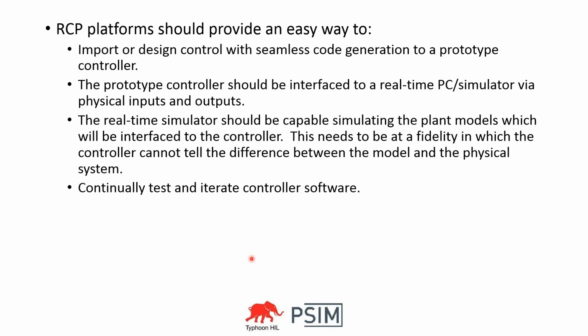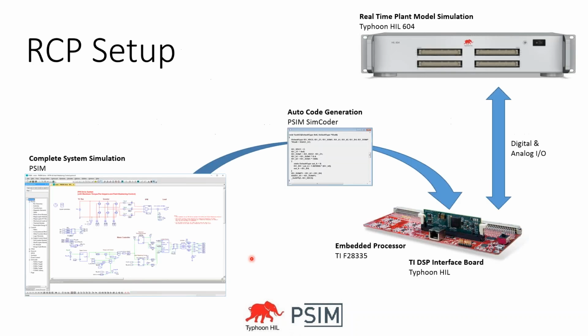And your RCP platform finally should be able to continually test and iterate your control software with that code gen. So these are the best things that we know of that enable the best RCP platforms. That's what you should look for whenever you're looking for these platforms.